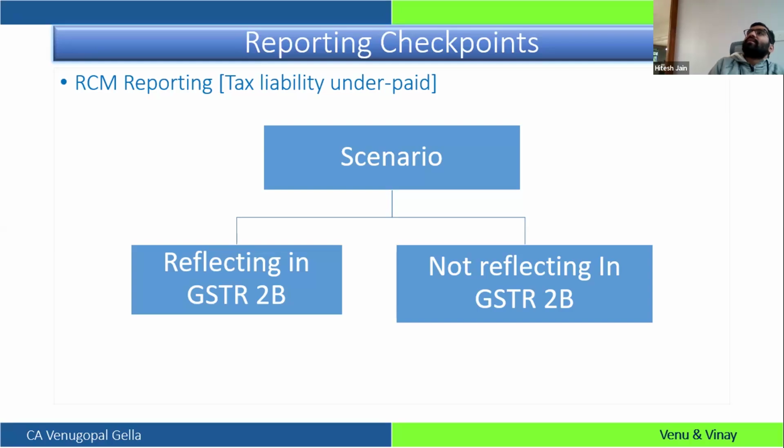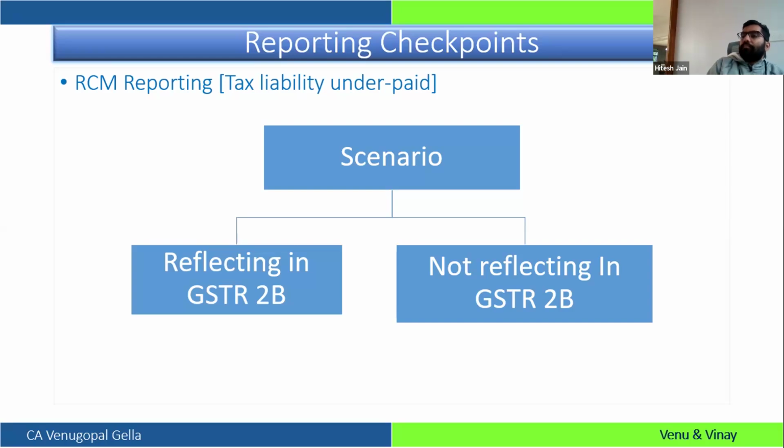Many a time we find that for the transportation expenses which we book in our books of accounts, many transporters don't file their GST returns, or even if they file, they don't file them properly. The RCM liability on such transportation expenses as recorded in our books of accounts and as reflecting in our GSTR 2B is always higher on the books of accounts side. So what can we do?